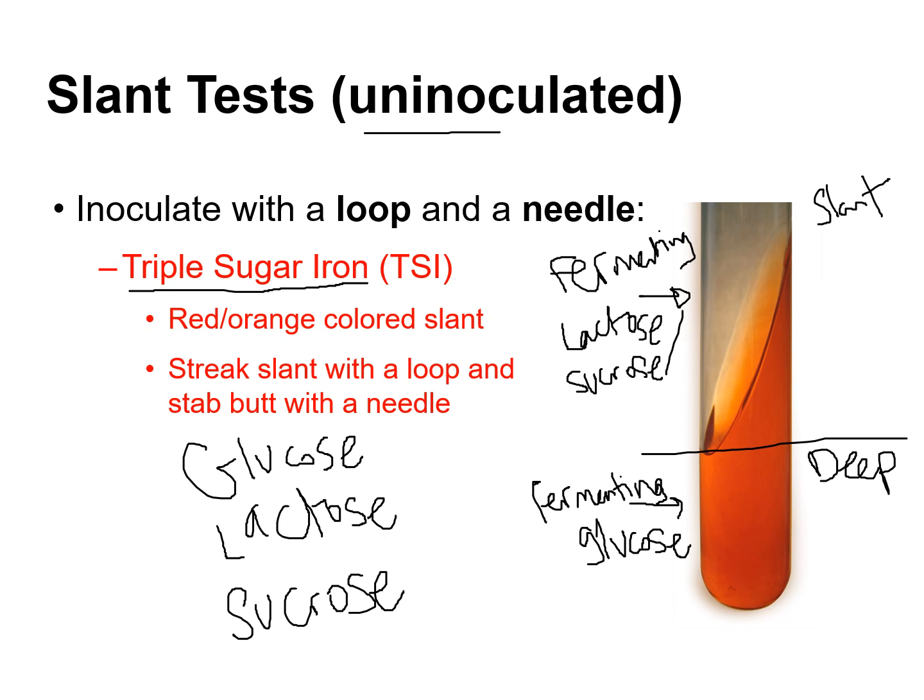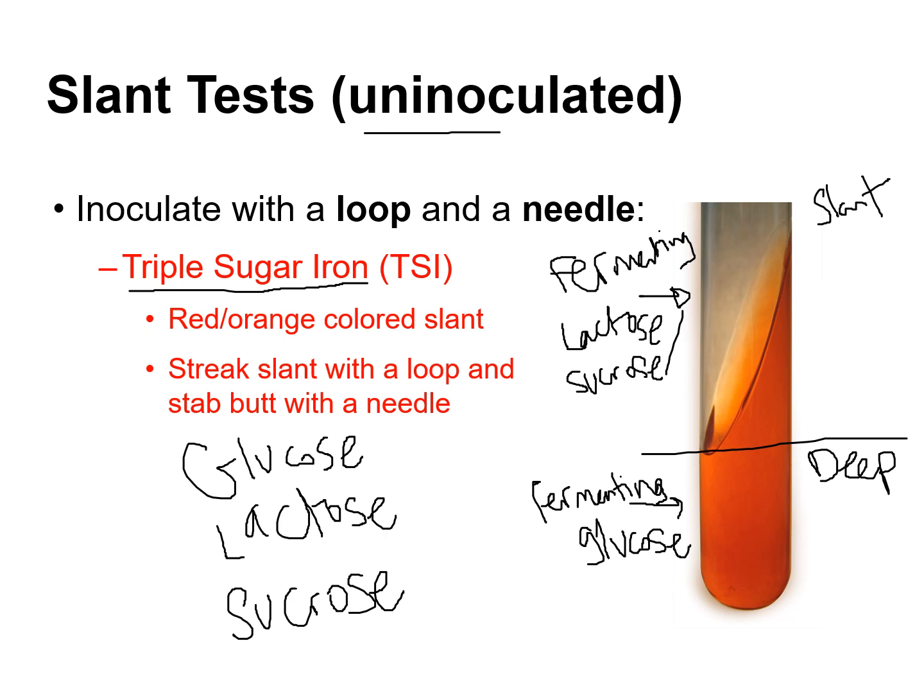So remember how this test is called the triple sugar, because there are 3 sugars in there, the glucose, lactose, and sucrose. But then there's something else, there's iron. And so iron is going to be used to help you determine the production of hydrogen sulfide gas.